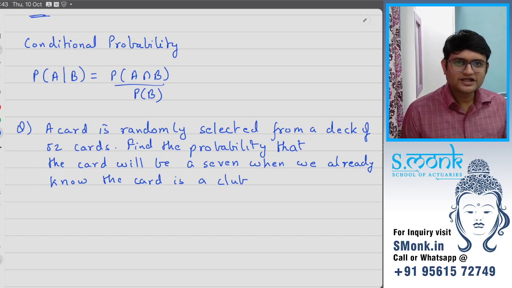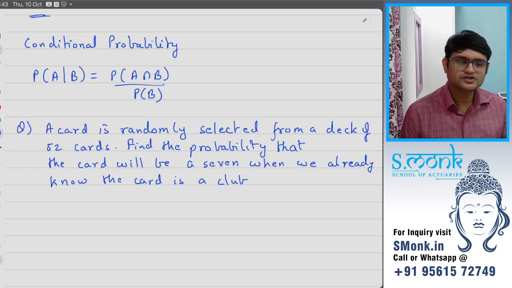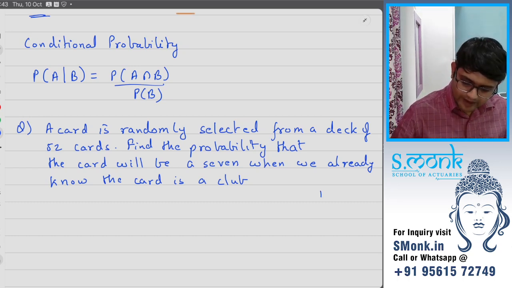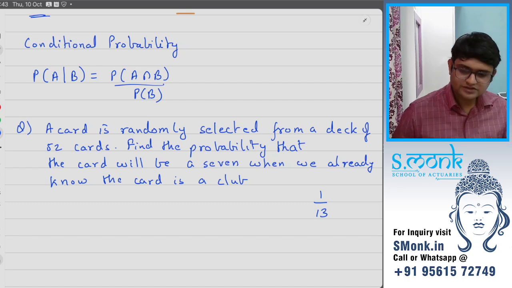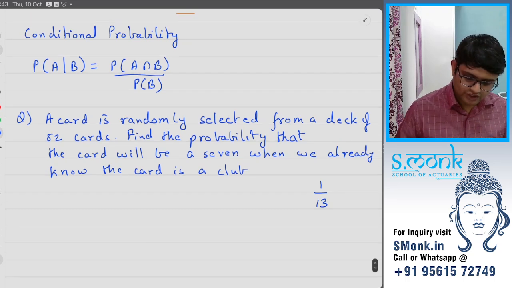You might say that there are total 13 clubs and the card can be only one of those 13 clubs, and only one of them is going to be a 7. So clearly the probability must be 1 by 13. This is what your answer would be.